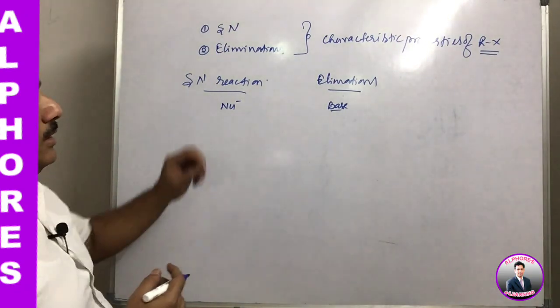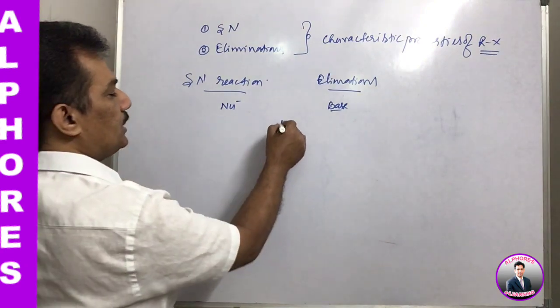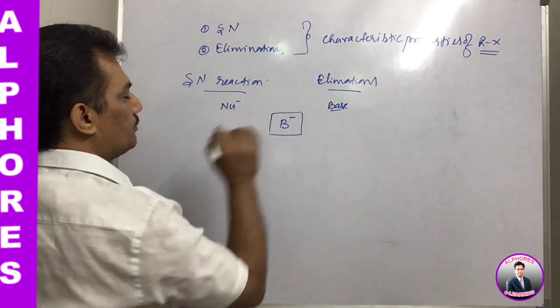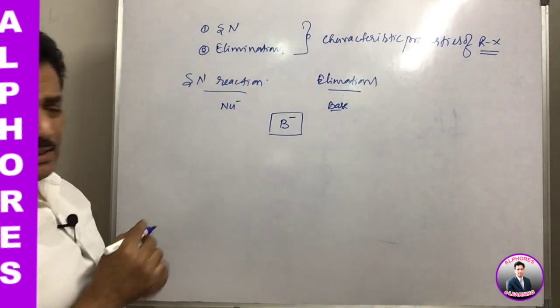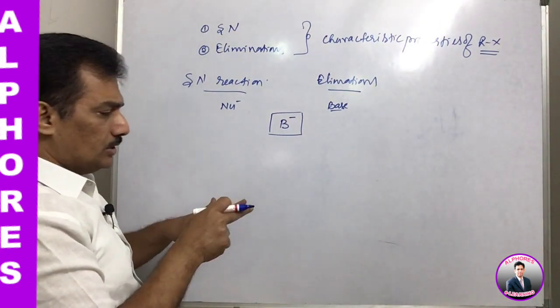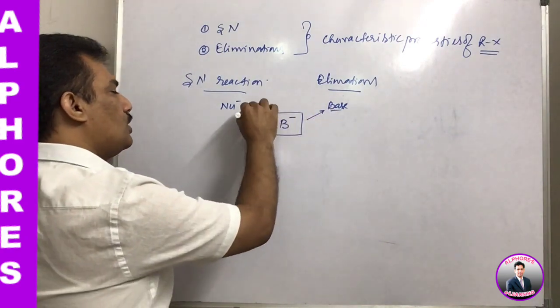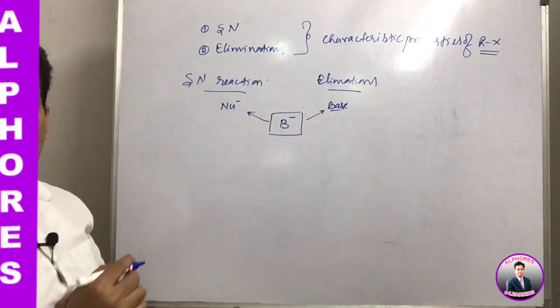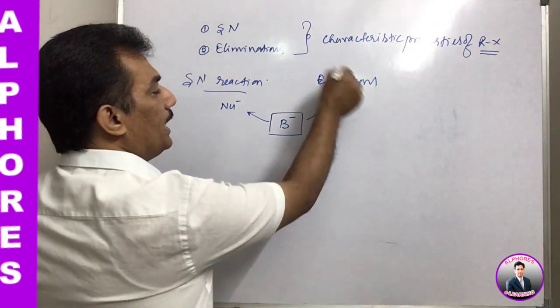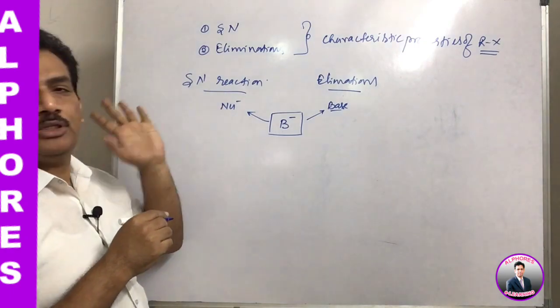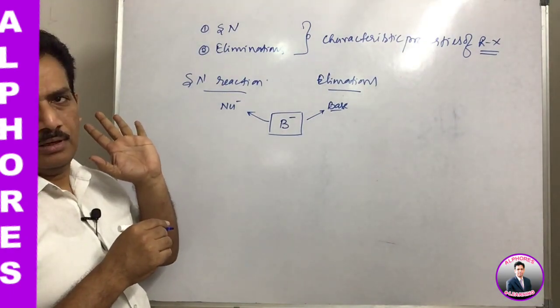That means if any species, say for example B minus, is a chemical species, it has a dual nature: both basic nature and nucleophilic nature. Basic nature means eliminating tendency, nucleophilicity means substitution tendency. Clear?